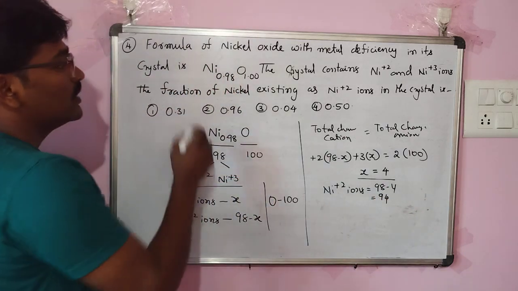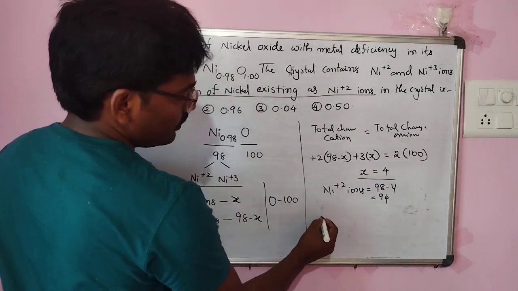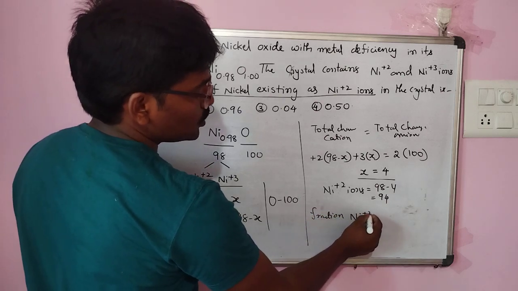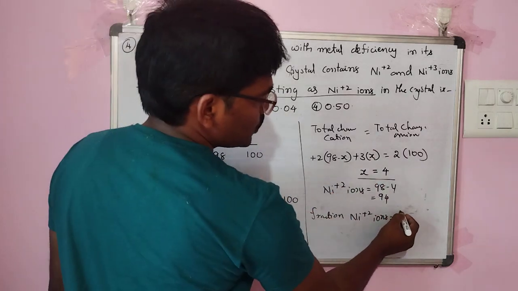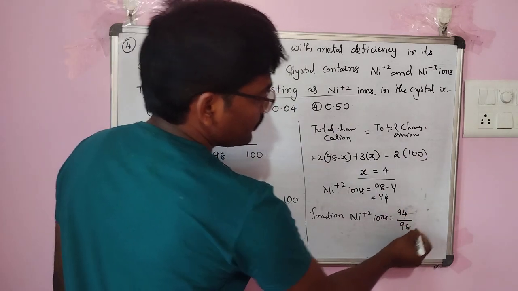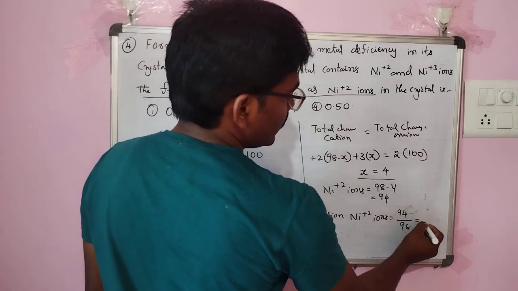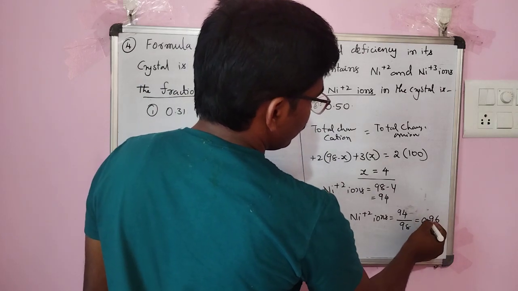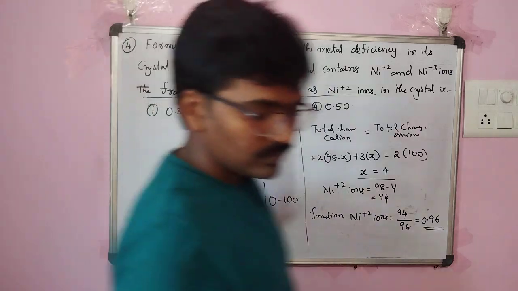What they are asking is the fraction of nickel existing as Ni+2 ions. The total number of Ni+2 ions is 94 and the total number of Ni ions is 98. So the fraction is 94 divided by 98, which is approximately 0.96. That is the answer. Thank you.